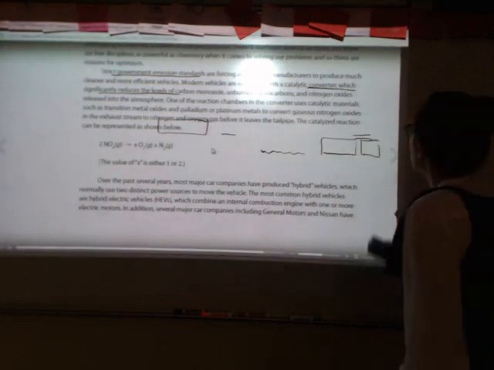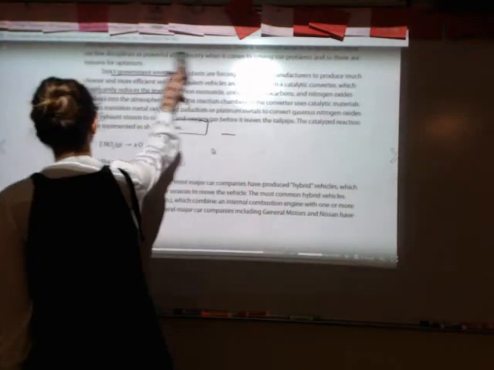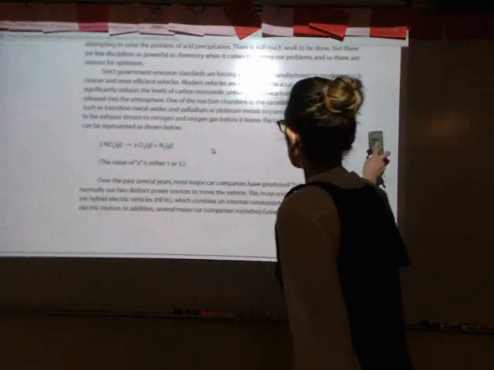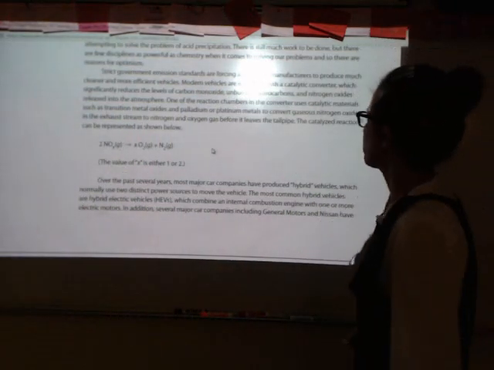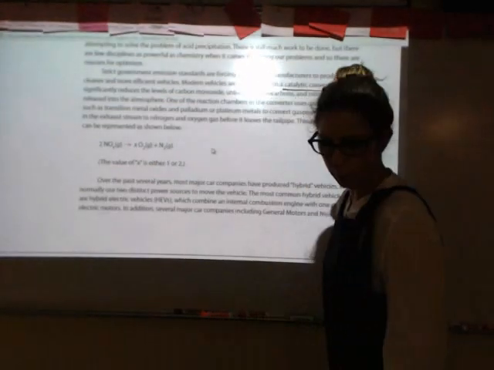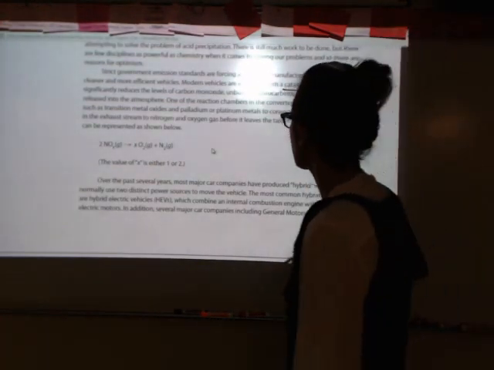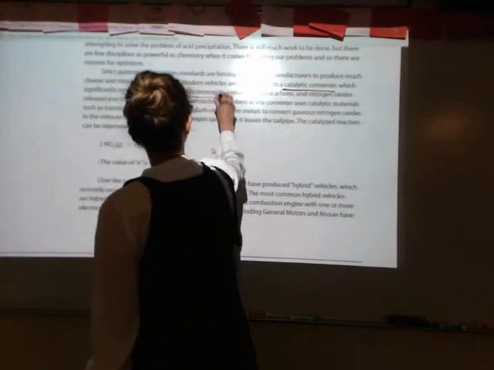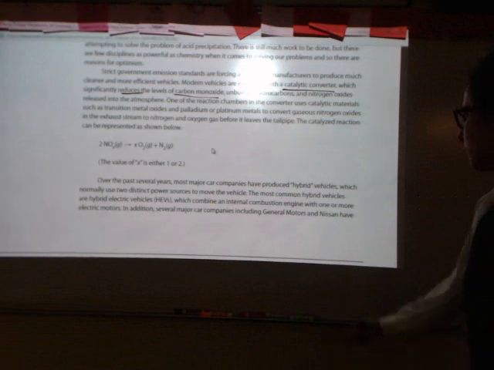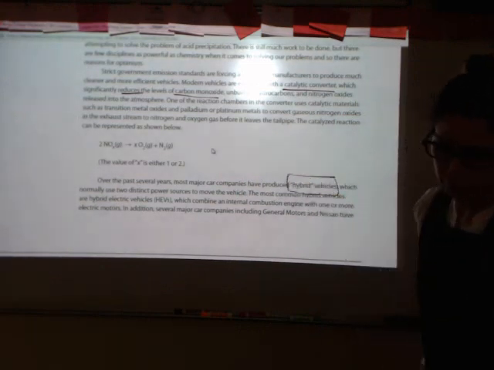There are some strict emission standards on automobile manufacturers to produce cleaner and more efficient vehicles. One of them is the catalytic converter, which reduces carbon monoxide and unburned hydrocarbons and nitrogen oxides released into the air. Most of the major car companies have produced hybrid vehicles.